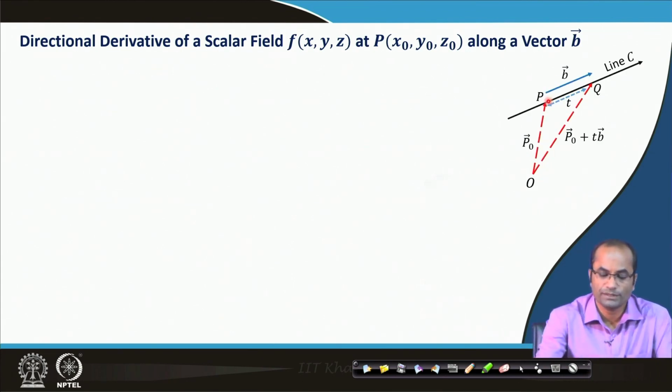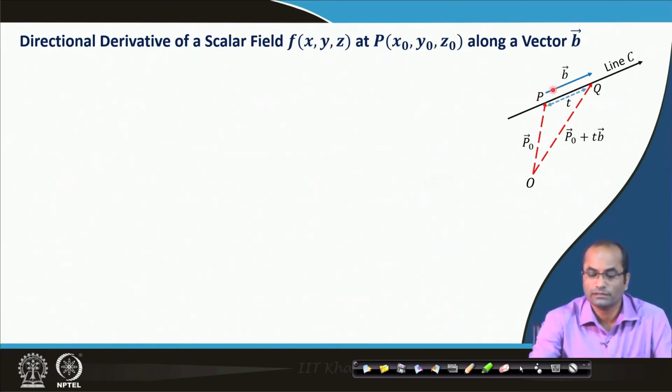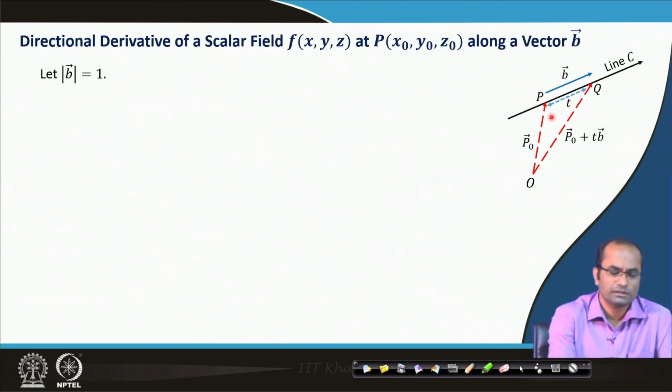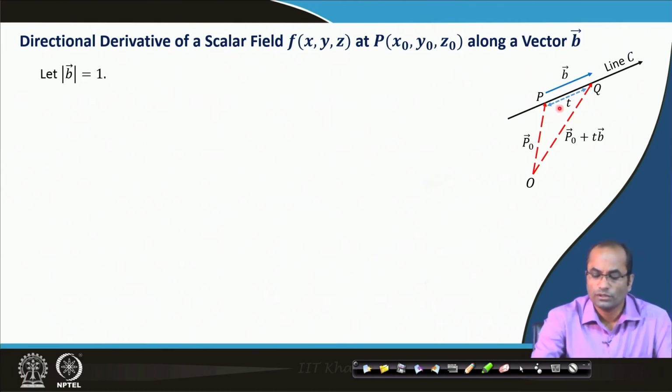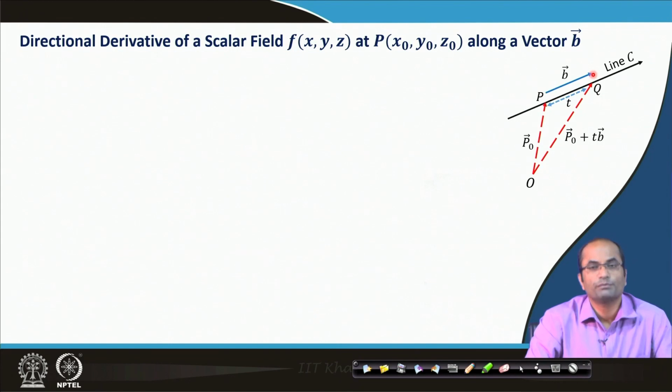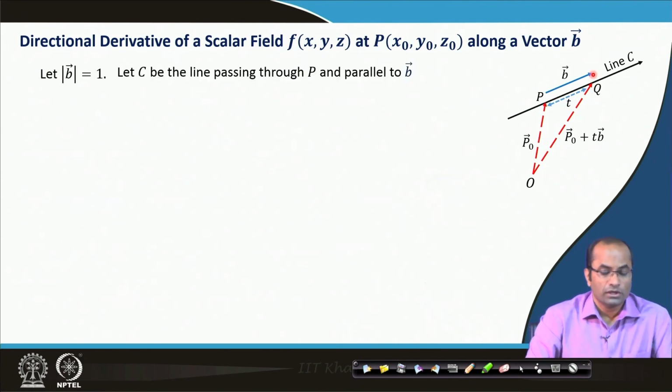This is our setting. We have a point p where we want the directional derivative in the direction of this vector b. Suppose b is a unit vector. If we take another point q on this line, which passes through p in the direction of b, then this can be given as p₀ + tb. That is the general point q on the line.